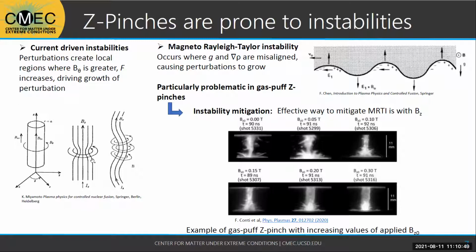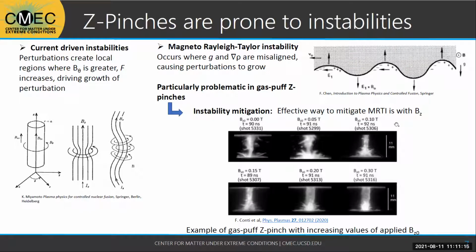That's going to increase the magnetic pressure there and actually further drive that perturbation, so you get this necking in the plasma. The same thing happens in this other mode, where a bend perturbation in the Z-pinch can grow from a similar mechanism.